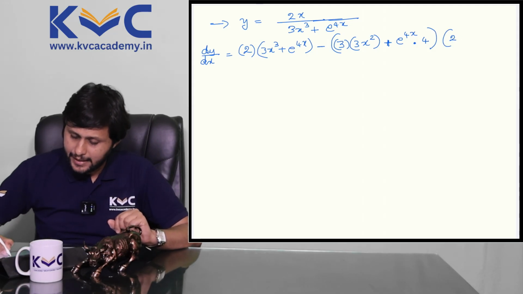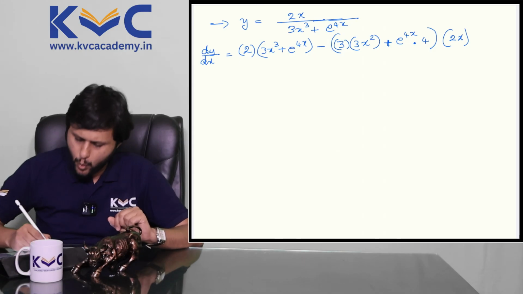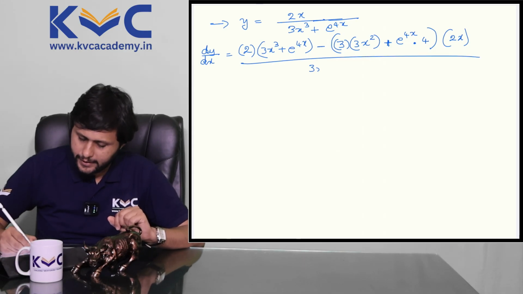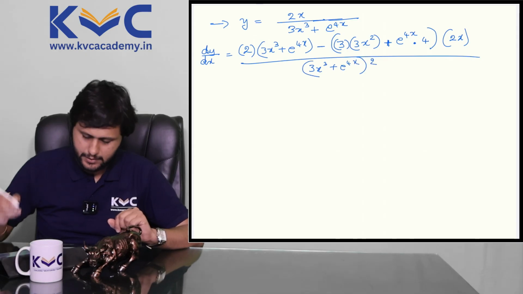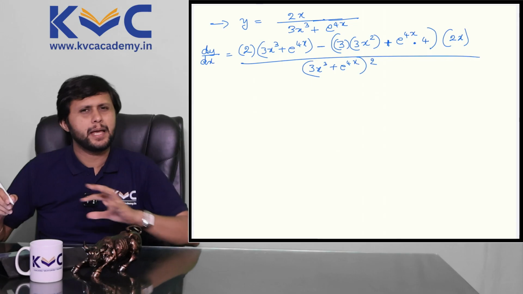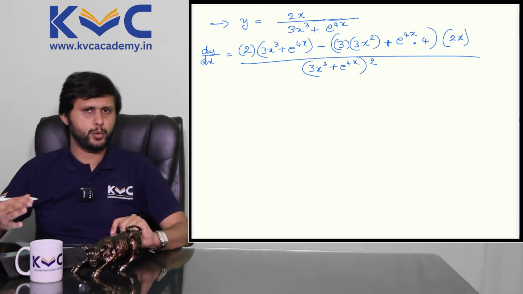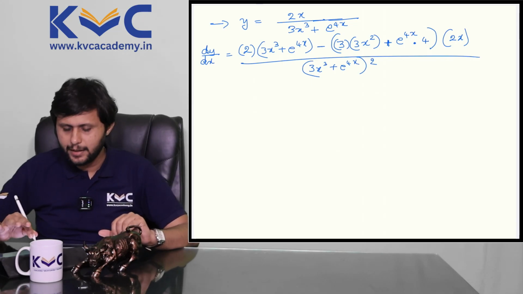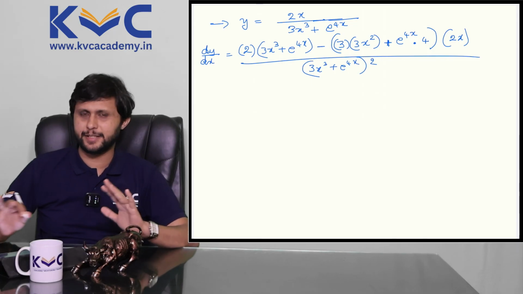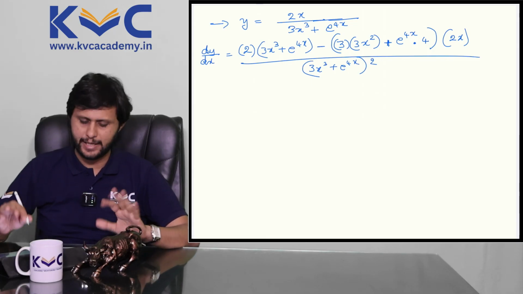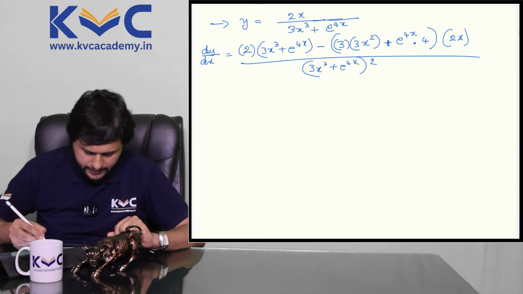Then numerator as it is, all divided by denominator square. In the questions that we have, we may have to simplify further. Here, my job is only to do the differentiation using rules and standard formulas that I have given.